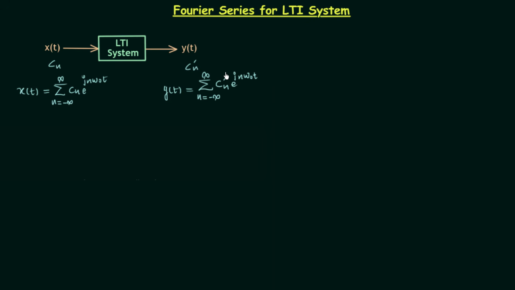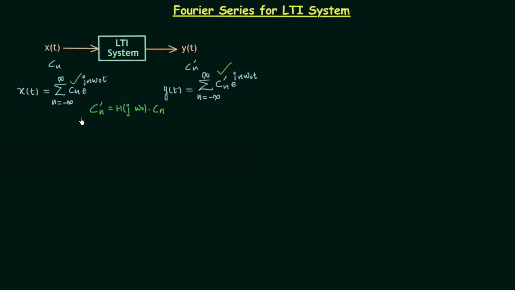We can calculate the output coefficient Cn dash using the input coefficient Cn and the frequency response of the LTI system. The output coefficient Cn dash is equal to the frequency response of the LTI system multiplied by the input coefficient Cn.